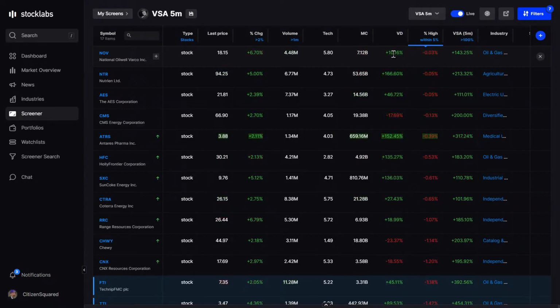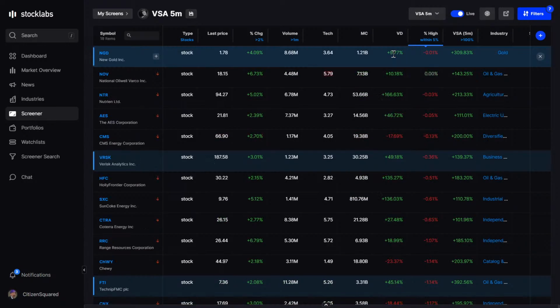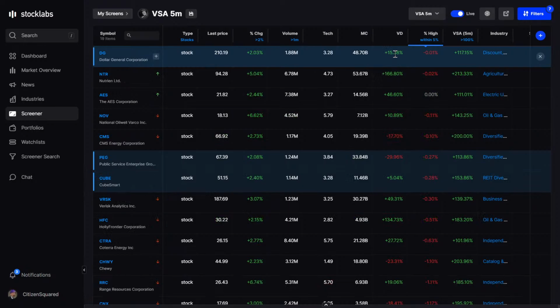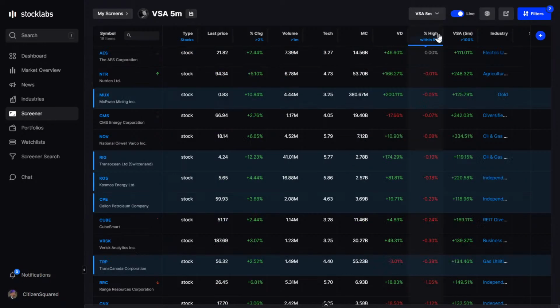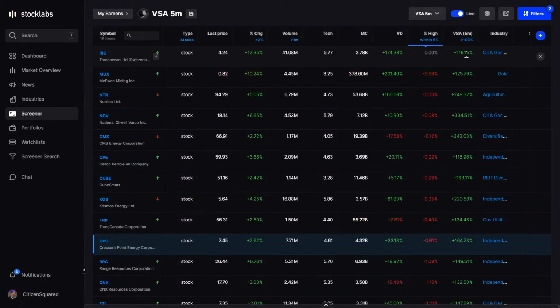So like if something normally trades a million shares a day and at 10 a.m. it's on pace to trade 3 million shares, then this will say plus 200%. And this number will change throughout the day if the stock is picking up the pace on volume or dropping off. VSA is similar, except it's doing a comparison of the current interval. So this is 5 minutes, the current 5 minute interval against the average of the past 30 5 minute intervals.